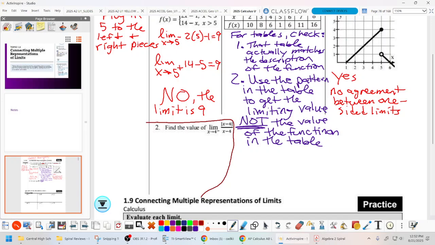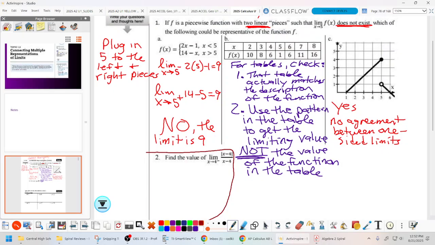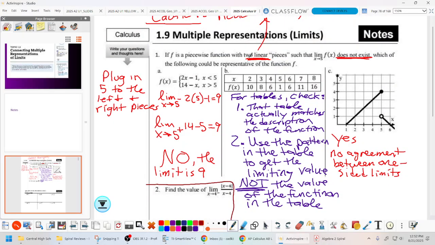Okay, here's what I mean. For this one, it says linear pieces. So we know we're looking at the limit as x approaches 5. Is this a linear pattern? Yes. If we look at the x's, it's just going up by 1, and this is going down by 2. So that's linear, at least as much as we can tell.